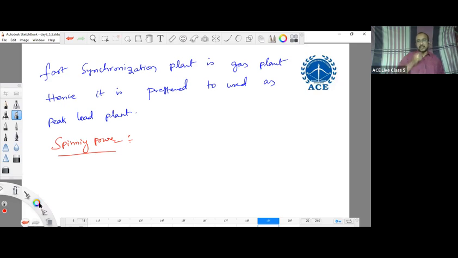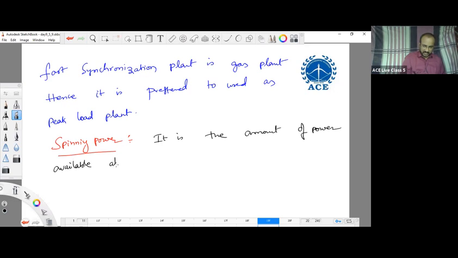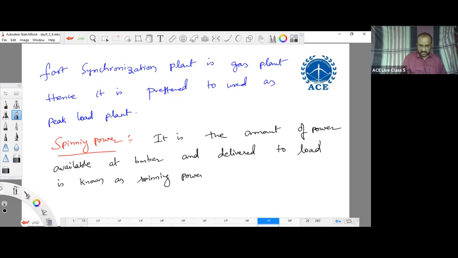It is the amount of power available at the bus bar and delivered to the load that is known as spinning power.